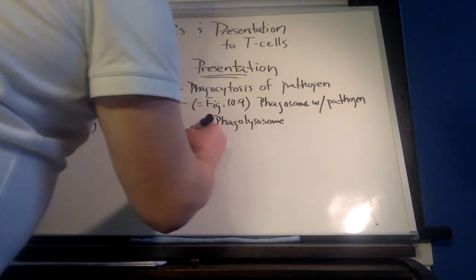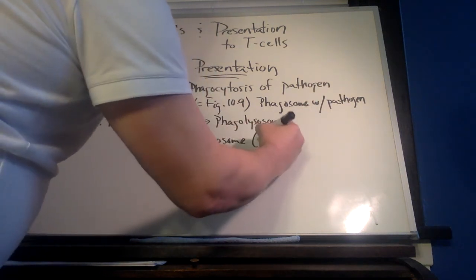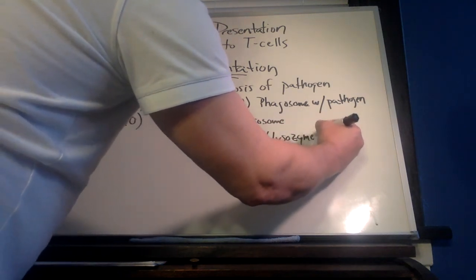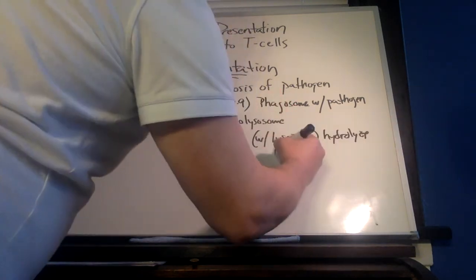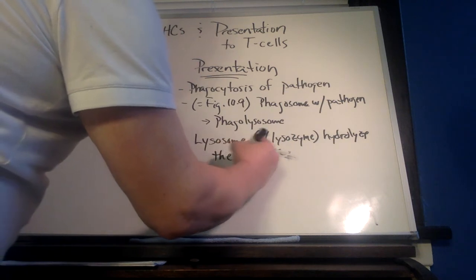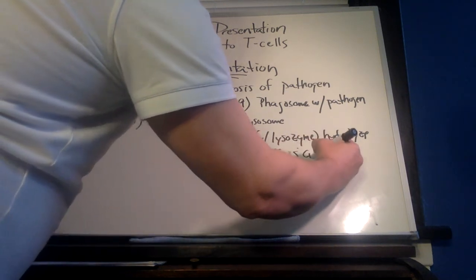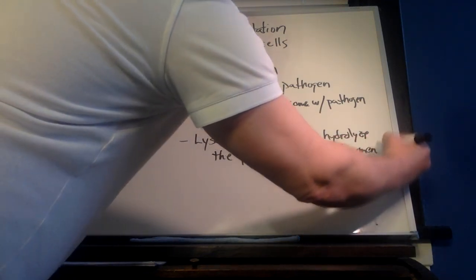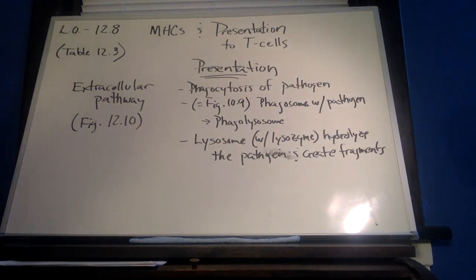And then the lysosome with lysozyme, the enzyme within it, will hydrolyze the pathogen. And it will create fragments. So it's a pretty similar process as it was in the last one.